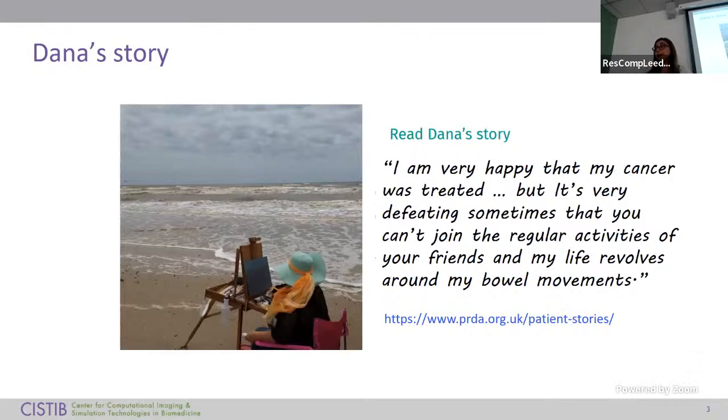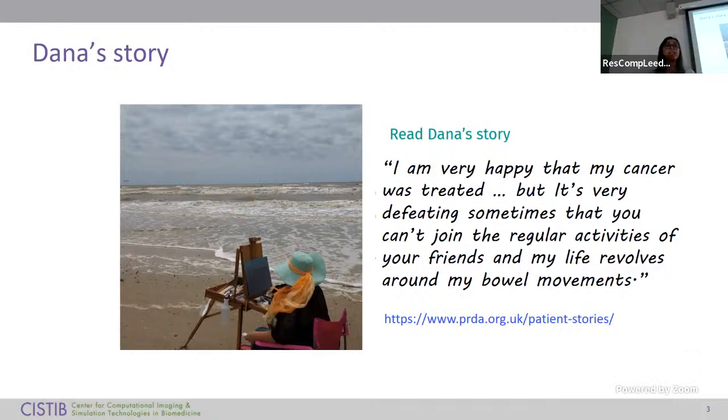I'm very happy that my cancer was treated, but it's very defeating sometimes that you can't join the regular activities of your friends, and my life revolves around my bowel movements. This is part of the story that Dana has shared on this website, and she shares how she suffers from the side effects of the radiotherapy.